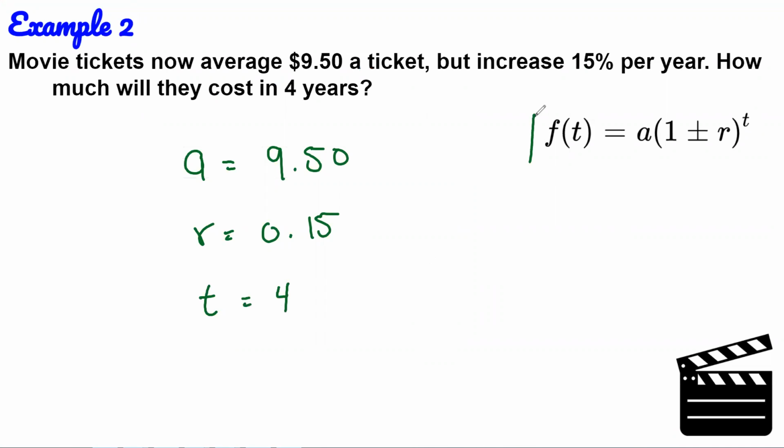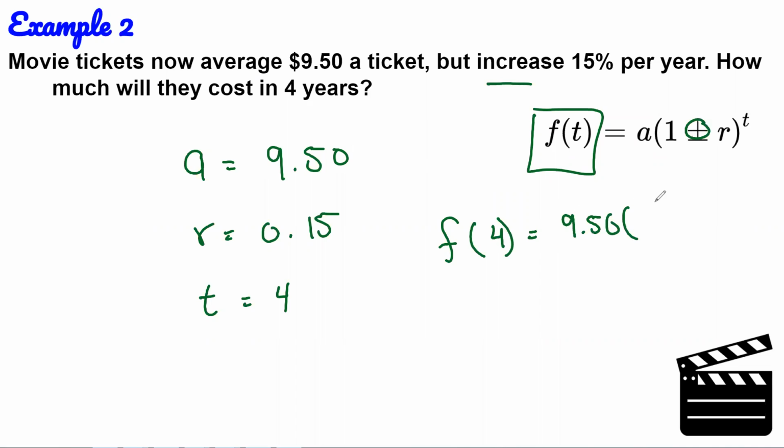All right, so it's asking us to analyze that last amount, our final amount. So how do we write this? It's going to be F of 4. My initial amount, we said it was $9.50. Now my rate, are we increasing or decreasing?